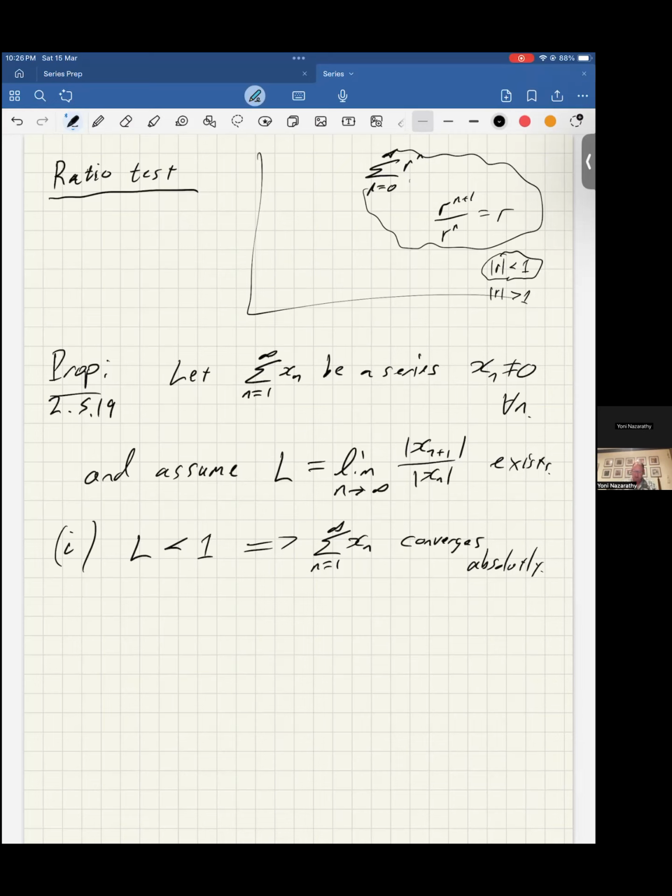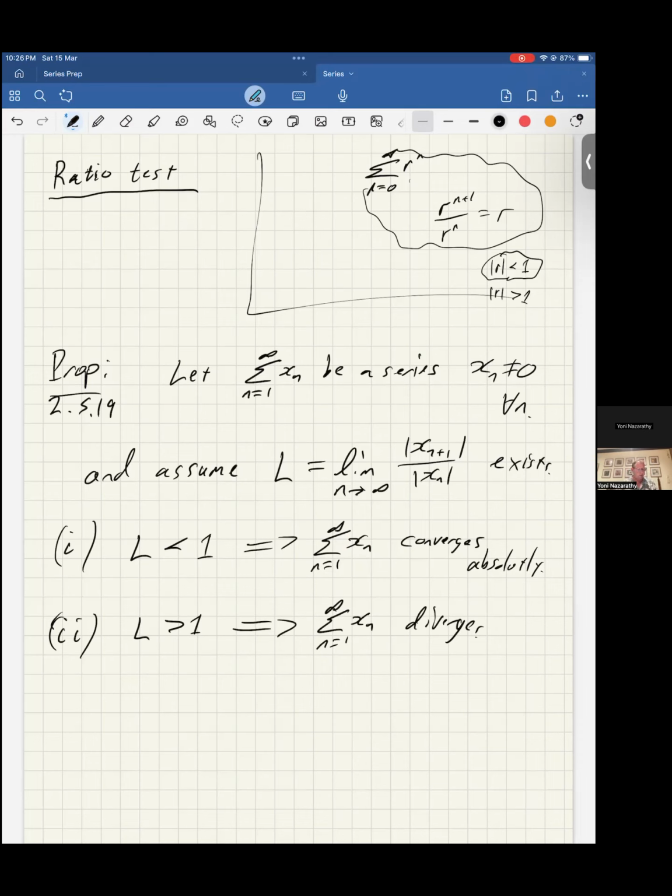When you say the series converges absolutely, what you know is that the series with absolute values converges. And the other direction, if L is greater than one, then the series diverges.